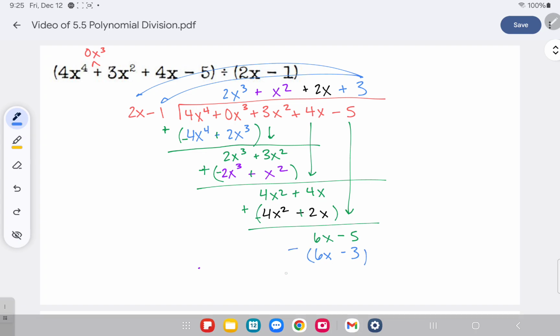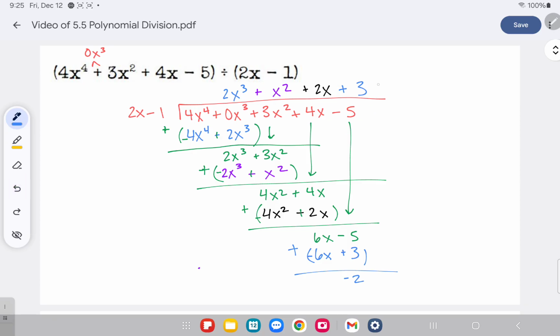When I subtract this, I get a -2. Now, 2x can't go into -2. There's nothing you can, well, I guess there is, but not a polynomial that you can multiply by 2x to get -2. So this is our remainder, or you can look at our line there at the top and notice that we kind of ran out of space. We already have our constants lined up.